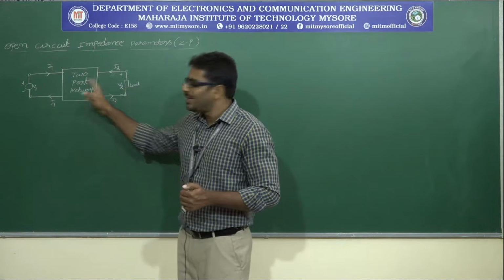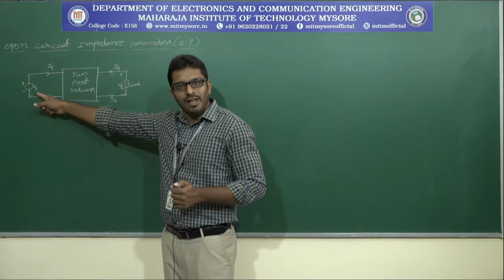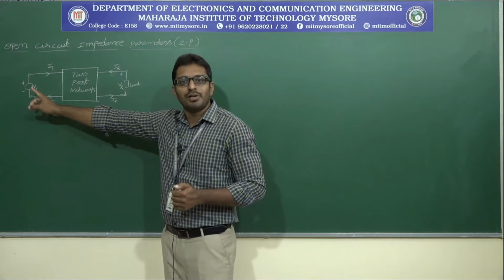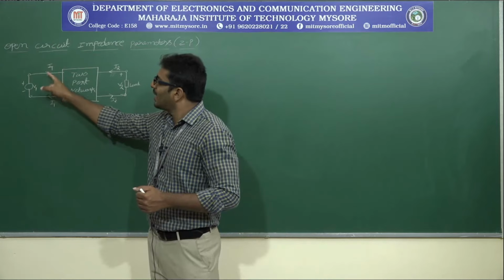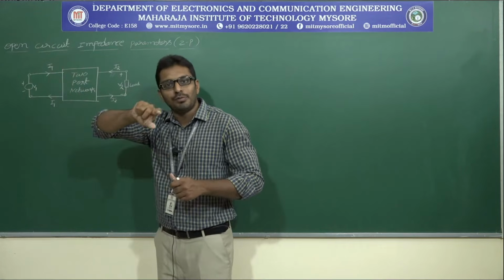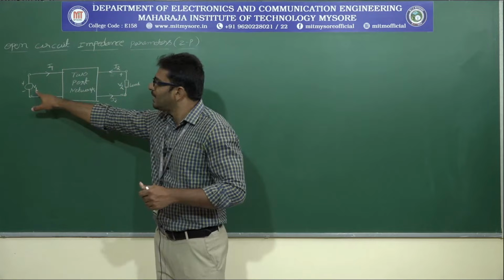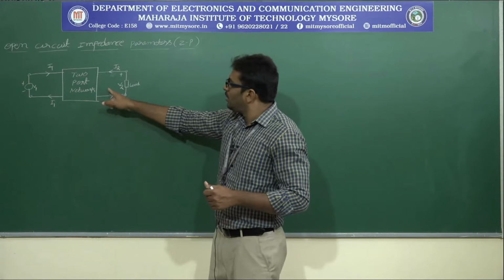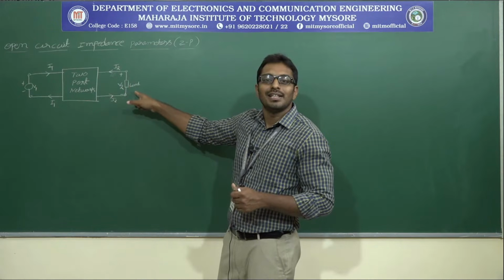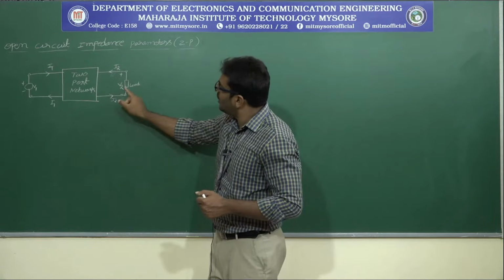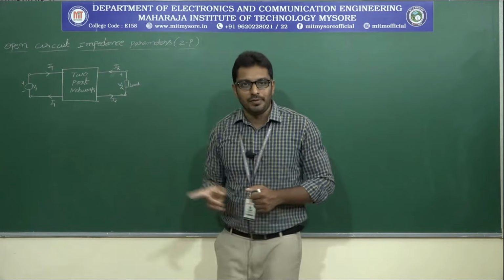You know what is input voltage? V1, that is nothing but supply voltage. The port to which the source is connected is known as the input port. The port to which the load is connected is known as the output port. The voltage across the load is denoted by V2.